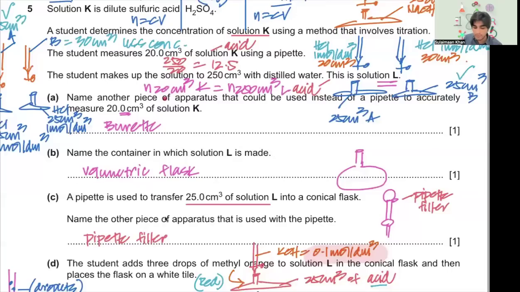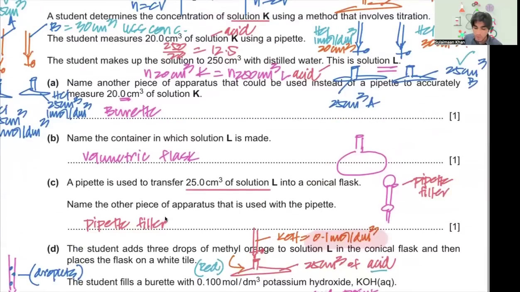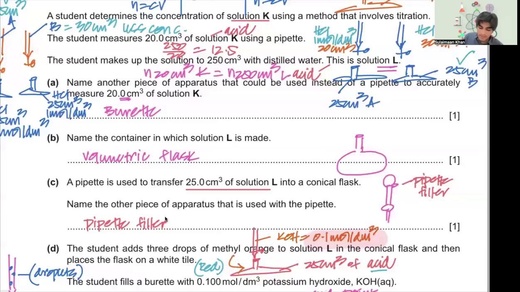So the moles of 20 cm cube of K will be exactly equal to the moles of 250 cm cube of L. But when he pipetted out 25 cm cube out of this L, now these two moles would be different, 10 times different. These two would be different, but these two would be the same.